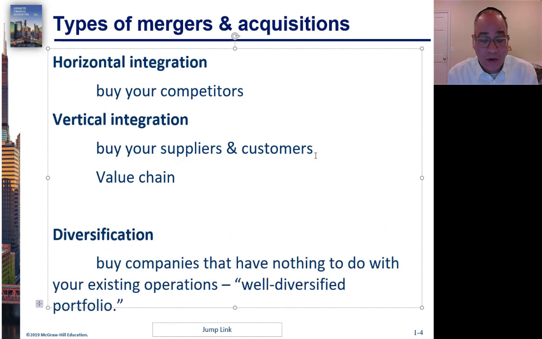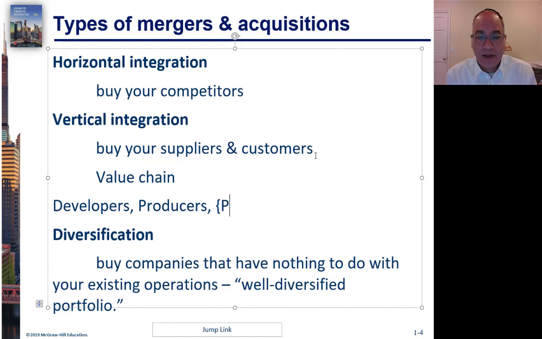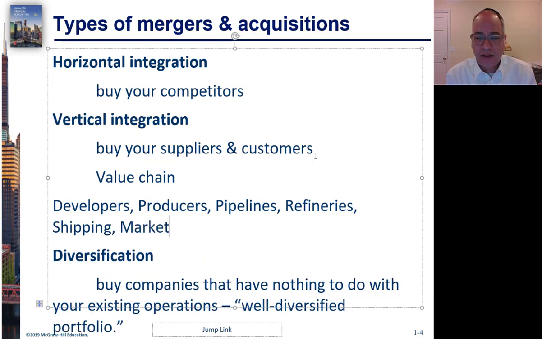So for example, if you're an oil company, you might buy what's called developers, who develop oil and gas wells, producers, pipelines, refineries, shipping, and marketers. This way you own pieces of the business that go all along the value chain.